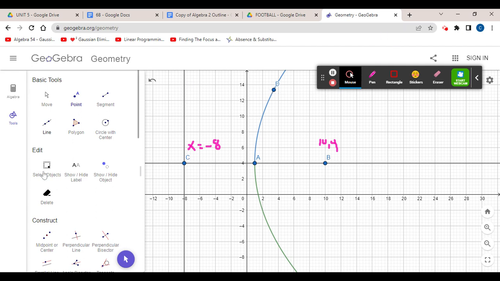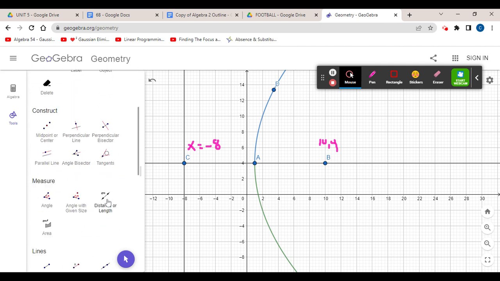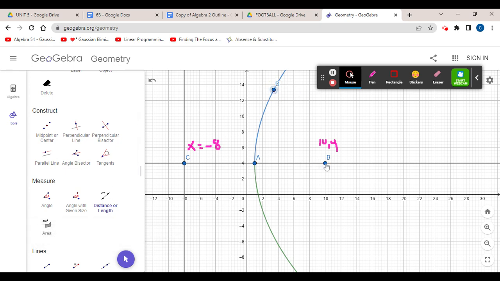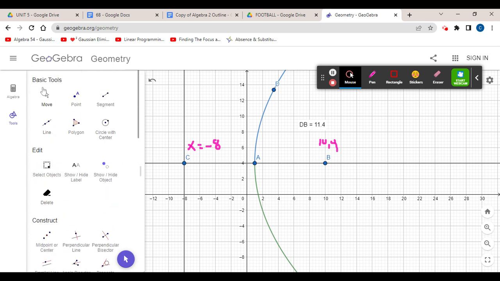So we can calculate the distance, or length. We're going to hit this thing right here, DB, and we see that DB has a length of 11.4.